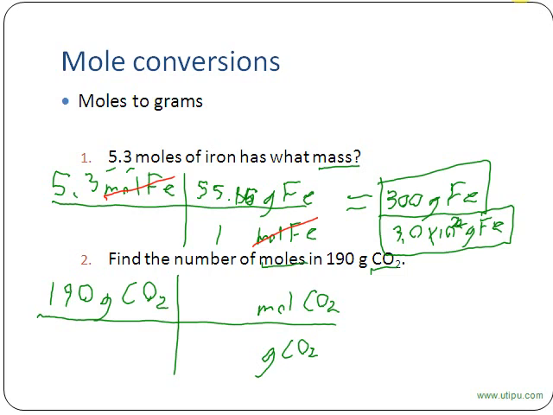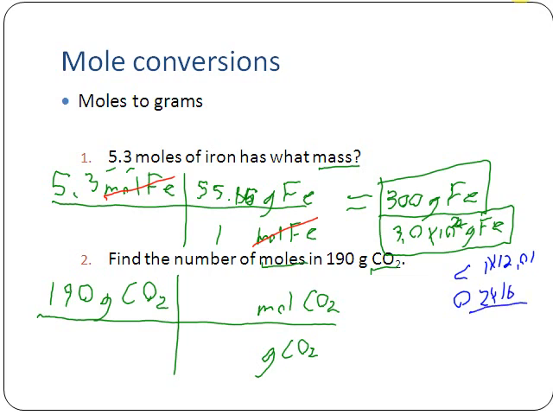Well, setting this up, we know that we have 1 carbon. So we have 1 of those. And oxygens, we have 2 of those. Carbon has a mass of 12.01. Oxygen has a mass of 16.